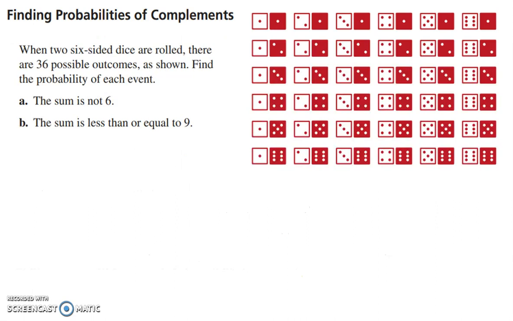All right, now if you want to find the probability of a complement, we can find the probability of the sum being 6. Right? So the sum being 6 would be 3 and 3, 2 and 4, 1 and 5. So all of these right here, 3 and 3, 4 and 2, 1 and 5, all of those add to 6. We can find the probability of those. Probability of the sum not being 6.